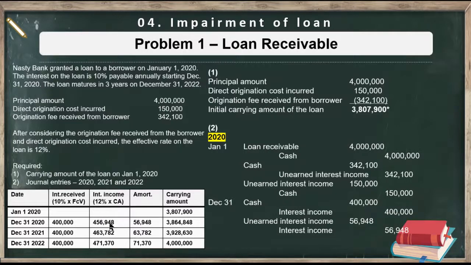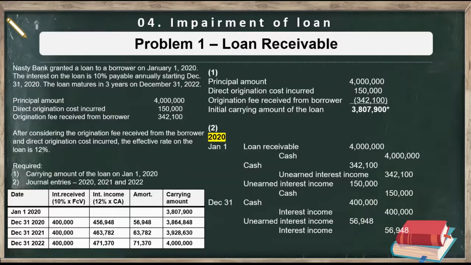That is 456,948. Or you can go through the journal entries: 400,000 credit and 56,948 credit. So the total is 456,948. Okay? Next question. What is the unearned interest income in 2020?